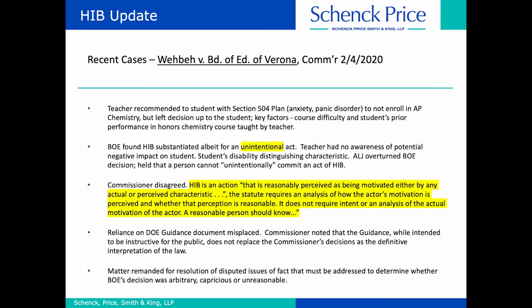It said she didn't think it was a good idea for that individual to enroll in an AP chemistry class, but left the decision up to the student. Key factors were the course difficulty and the student's prior performance in the honors chemistry class.